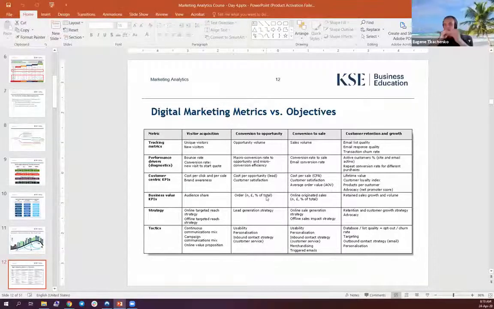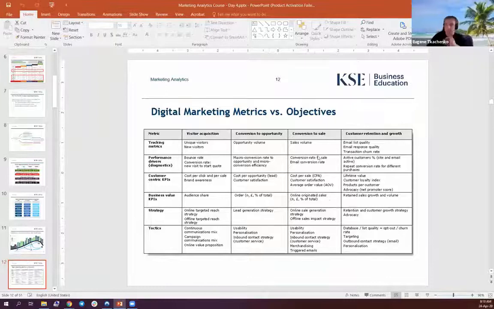But then we are trying to convert that into order amount. And for that, we are using tactics like personalization, usability, or maybe a context strategy. We are offering personalized support in order to understand their needs better, in order to convert them better from the stage of sales qualified lead to the opportunity or to closing the actual sale.